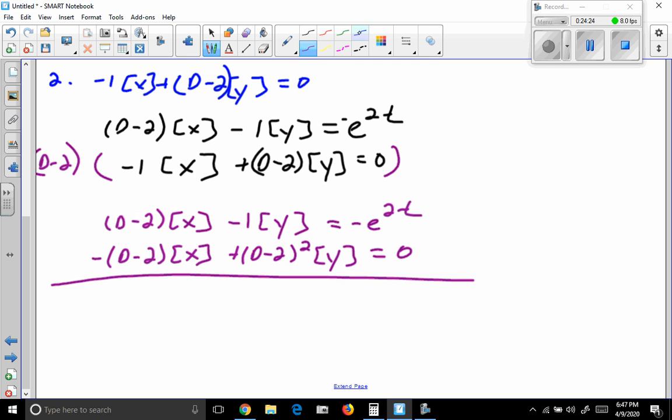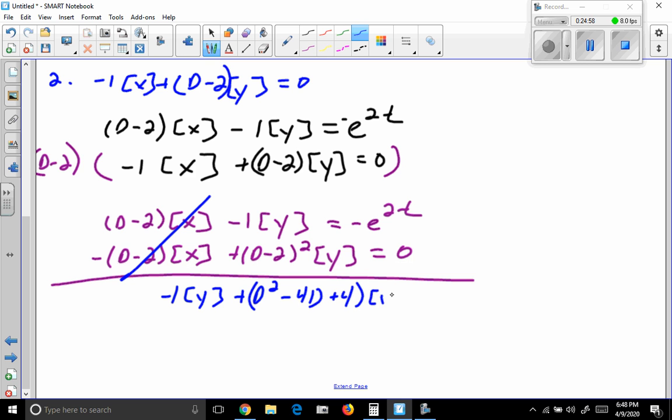So when we combine these, the combined operators on x cancel. We have a d minus 2 operating on x, a minus that operating on x, so those undo each other. So we have a minus 1 operating on y. If we square that binomial, we have d squared minus 4d, from their product, the minus 2d twice, and then the second one squared, that's plus 4.